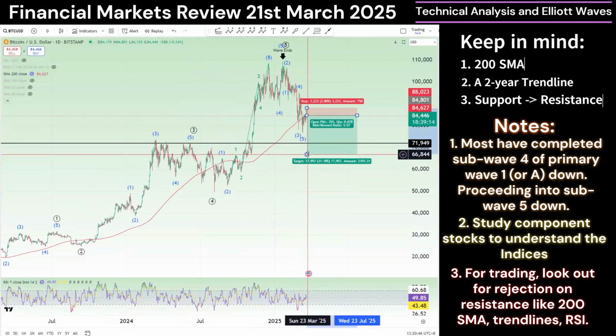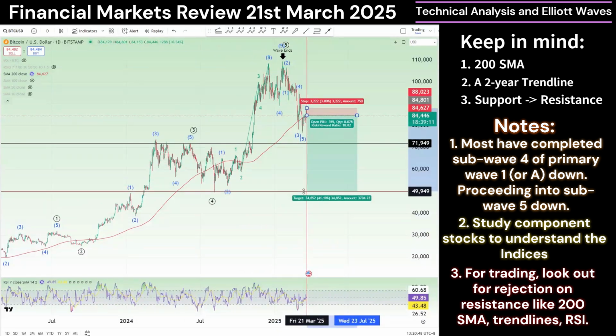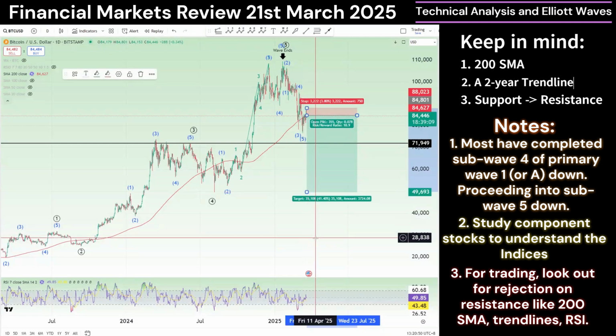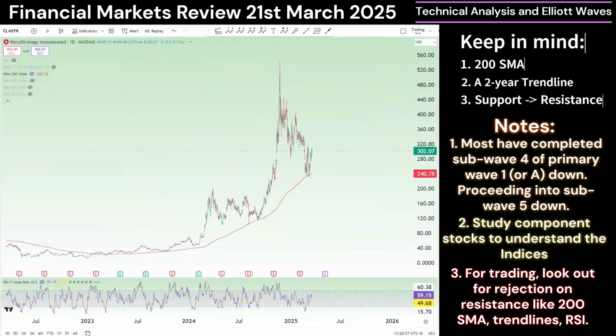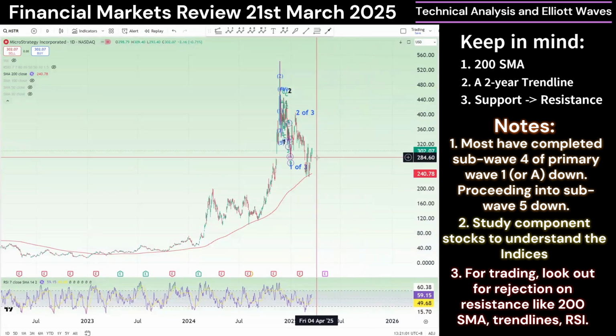And because I'm expecting a wave three, I could put the target all the way down to 50,000. So this is for Bitcoin. And if you're shorting Bitcoin, to short MicroStrategy, it doesn't really matter how the setup is, right?